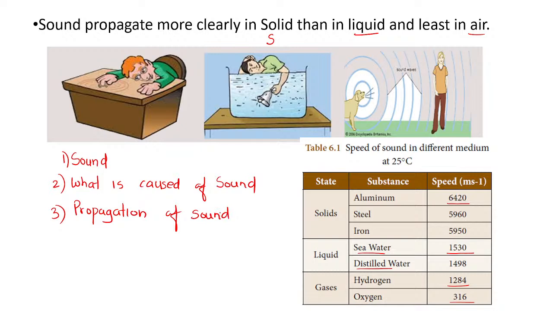Under the cause of sound, we have seen how the sound is produced by the human voice box, and we have also seen that sound travels in the form of a wave, and this wave can be of two types, transverse wave and longitudinal wave. In our next session, we are going to learn about the characteristics of the sound wave, and about the working of the human ear in detail. So in today's class, we have finished part 1 of the chapter, up to propagation.